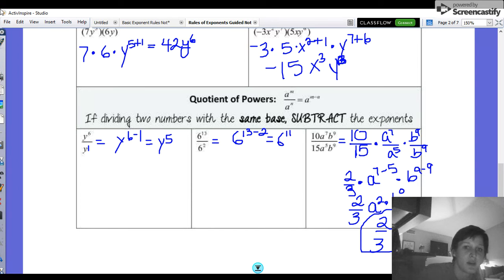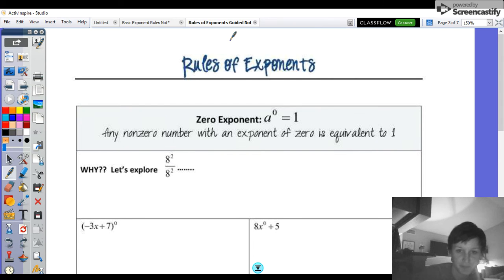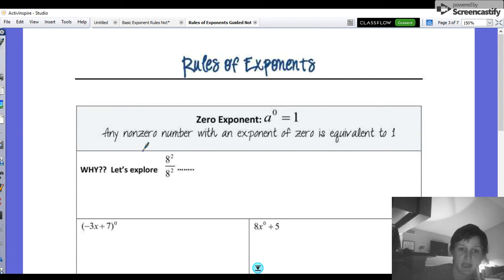All right, let's go on to the 0 exponent. I said in the last video we would talk about why. Well, here's why. We're using our quotient rule, which says if the bases are the same, then we're just going to subtract, which we saw on the last problem with our b.